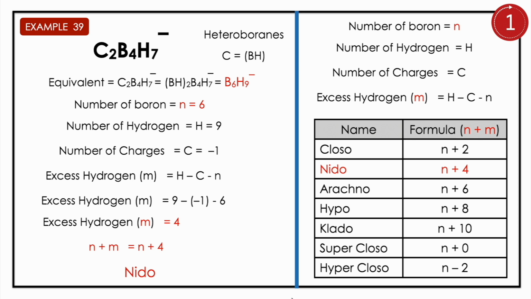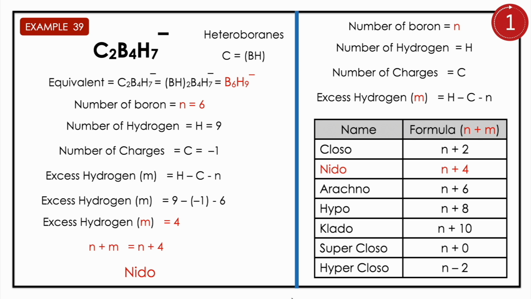Carbon is the hetero atom, it is a 3 plus 1 system. So the boron equivalent will be BH. So instead of carbon, you should write BH. So the formula becomes BH2 B4H7 minus. If you rewrite it, the structure will be B6H9 minus. Since the compound becomes simple borane, we can apply Wade's rule.